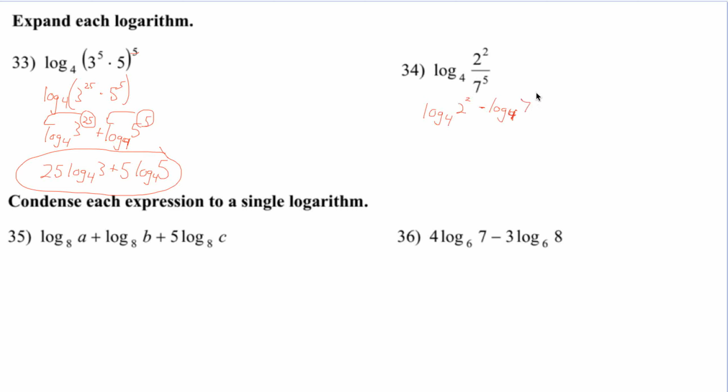So 7 to the 5th. And then once again, we'll be able to use this power rule where these come up front, and this will be 2 log base 4 of 2 minus 5, because the 5 comes out front, log base 4 of 7. And that's it for number 34.